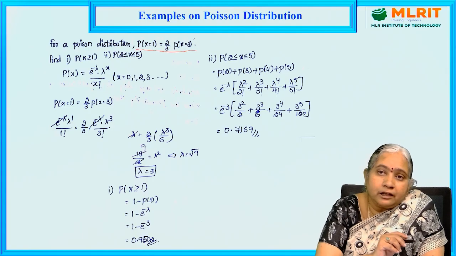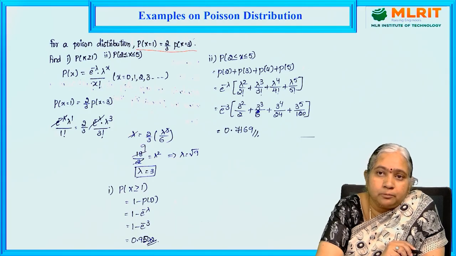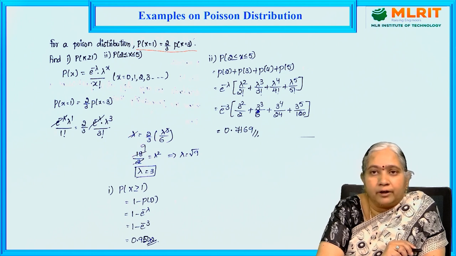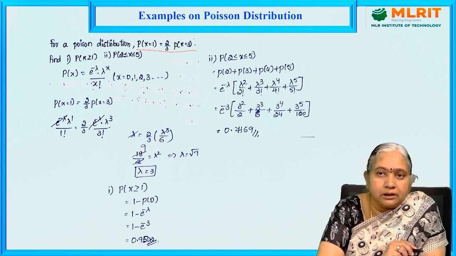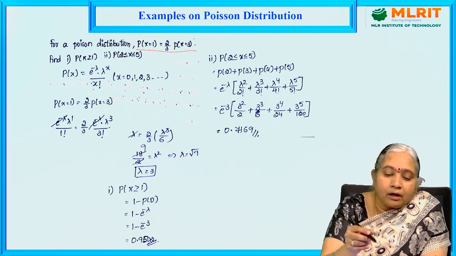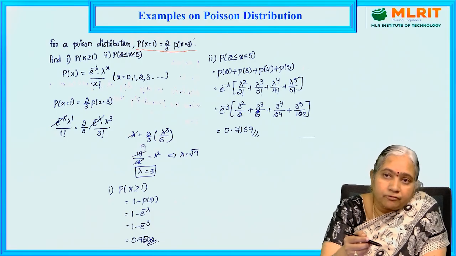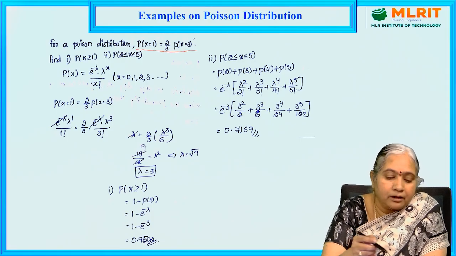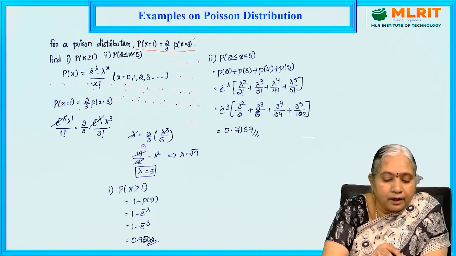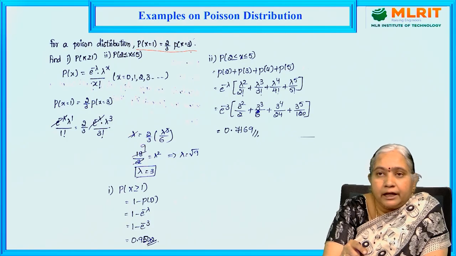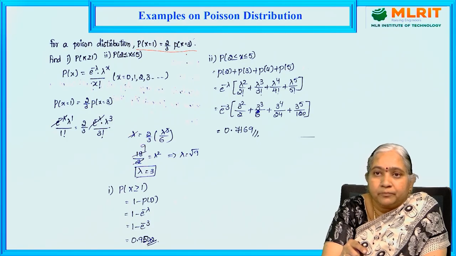So to find the probability in Poisson distribution, we must know the parameter lambda. Then only we can find the probability in Poisson distribution. So from the given relation, we can find the parameter lambda. This is the relation given.